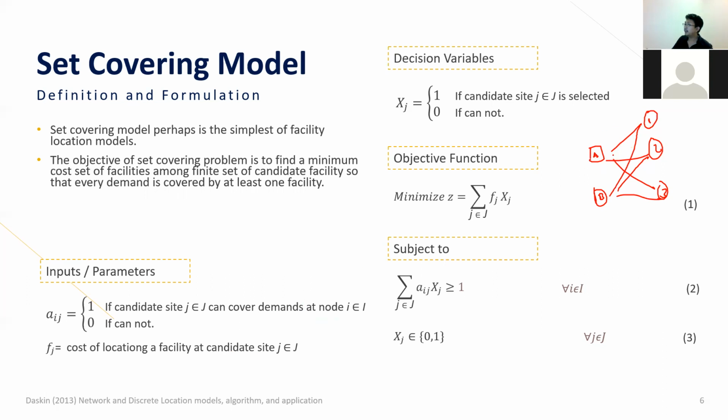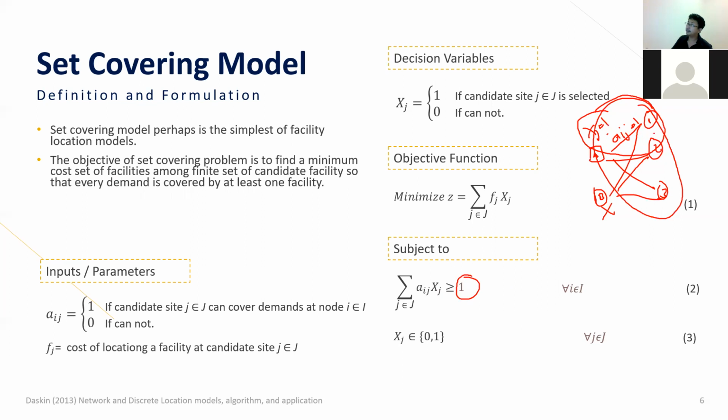So if you have the Xj here equal to 1 and you multiply it with the Aij here equal to 1, so if you already covered this with the facility, Aij times Xj will already be greater than or equal to 1. So you will not have to open the B facility here if you already covered the demand nodes here.